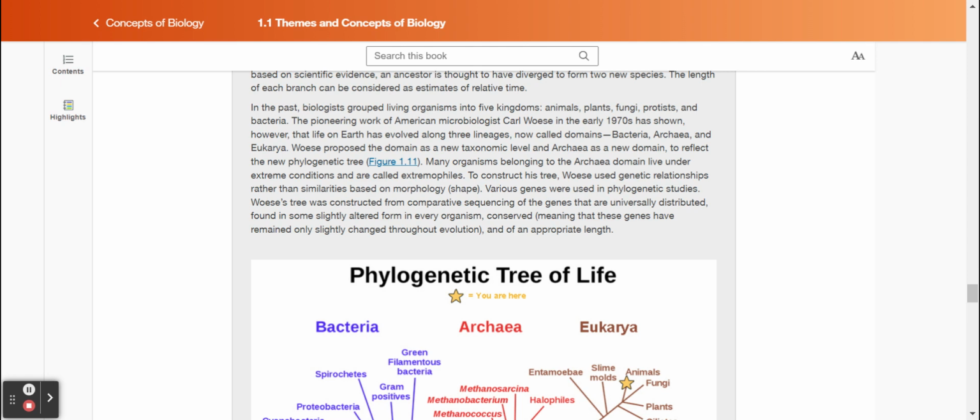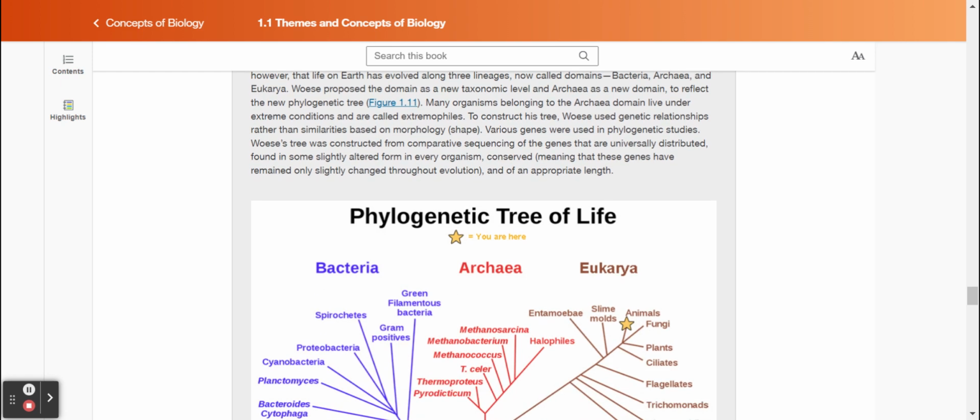Woese proposed the domain as a new taxonomic level and Archaea as a new domain to reflect the new phylogenetic tree. Many organisms belonging to the Archaea domain live under extreme conditions and are called extremophiles.